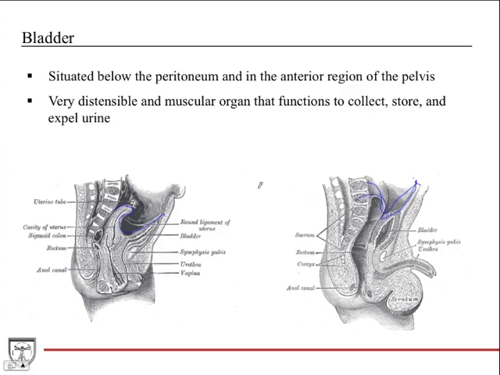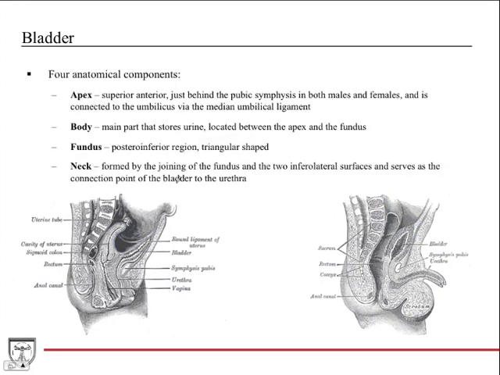It's a very distensible and muscular organ, which makes sense for its function. It has to accommodate the urine, so you want it to stretch, but then when the person's about to urinate, you want it to contract very forcefully and push all the urine out. So just some anatomical components of the bladder.